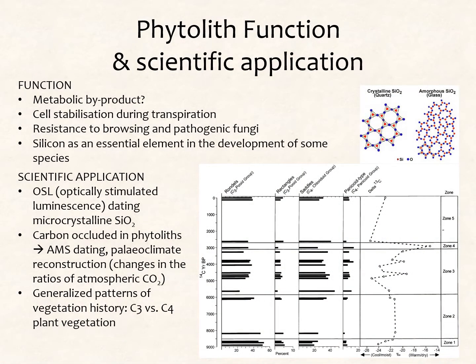The functional significance of silica is not obvious, and to some extent the mechanism of phytolith formation appears passive and may represent waste products. Alternatively, phytoliths provide mechanical support, preventing the collapse of cell walls under tension during transpiration.